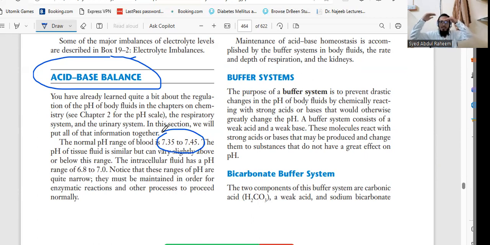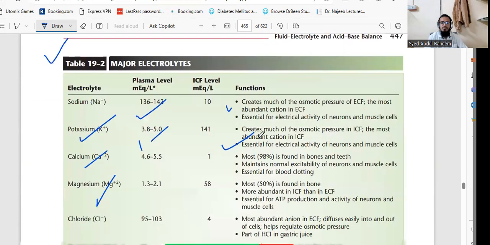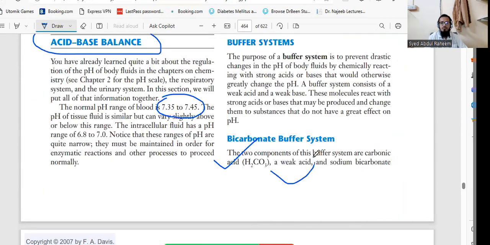If some acidic nature is present in the blood, they will balance it. If alkaline is high, it will balance it. Likewise, we have two systems, like bicarbonate. Okay, sodium bicarbonate. This is a weak acid. Weak acid means if alkaline is high, the acid will balance it.